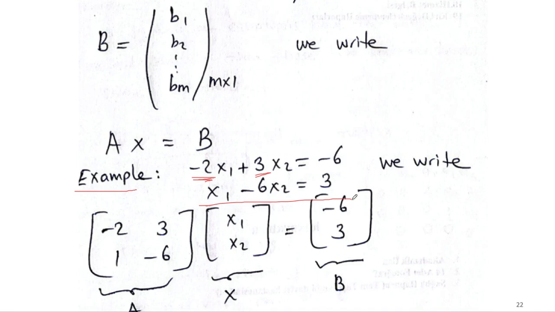So how to represent this in the matrix notation? Representing the system is not too difficult. You have minus 2, 3, 1, minus 6, and then x1 and x2. And then on the right-hand side, we have minus 6 and 3 as the right-hand side of this equation. Basically, we can represent this system using the matrix notation A, X, and B.